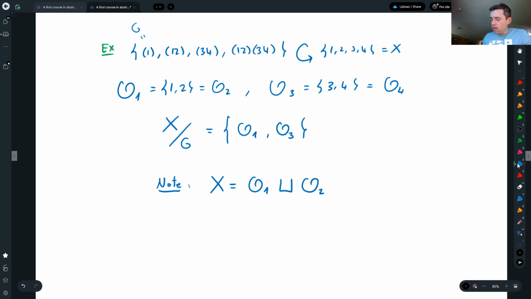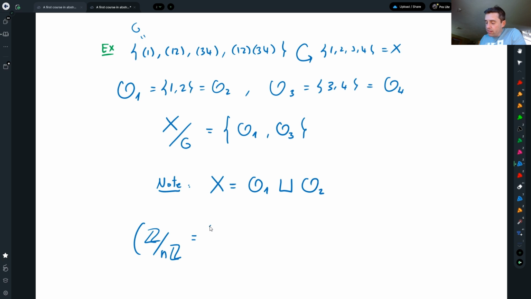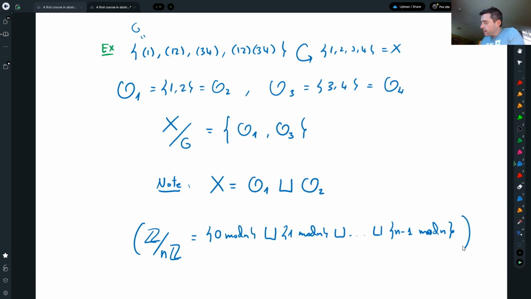The same thing happened, remember, with Z modulo NZ as a quotient, Z modulo equivalence modulo N. This was the disjoint union of the class of 0 modulo N, union the class of 1 modulo N, up to the class of N-1 modulo N. The classes would be the set of these N elements, but what I wrote here is that the integers themselves are partitioned as a disjoint union of equivalence classes.